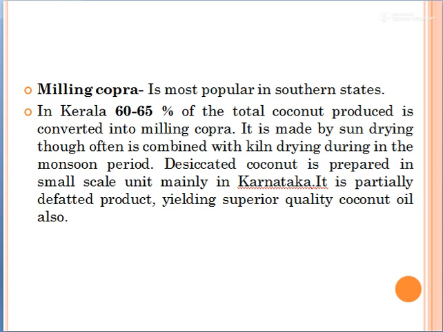Mostly in Kerala, coconut is cultivated for preparing desiccated coconut. Desiccated coconut is prepared in small scale units mainly in Karnataka. It is a partially defatted product yielding superior quality coconut oil also. So this is the process of milling copra.